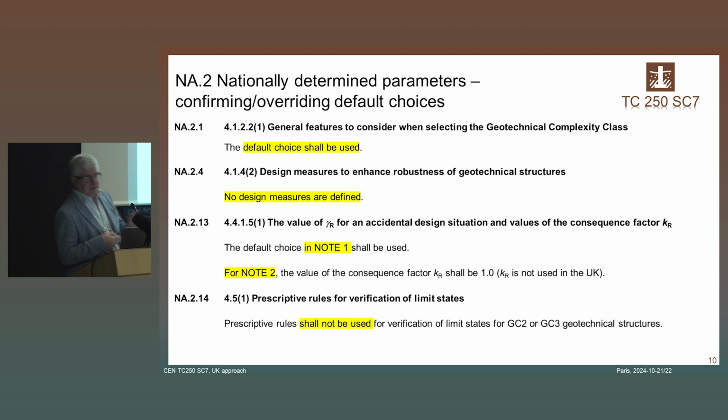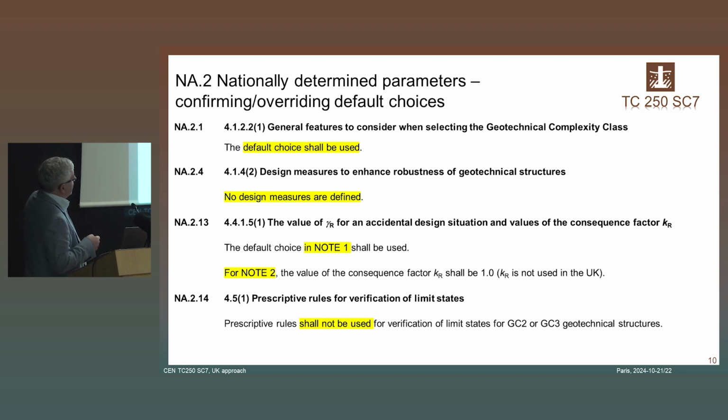But that was one of the things that BSI insisted on, and we've had to go along with. So, if we are accepting the default choice, we're going to instruct you to use it. And we are repeating the definition of shall, should, may, and can, which appears in the Eurocodes. We're repeating that in the foreword to the national annex so people know what we mean by those verbs.